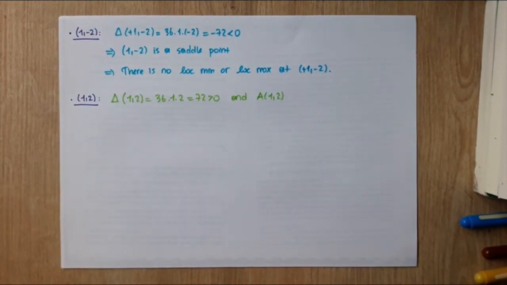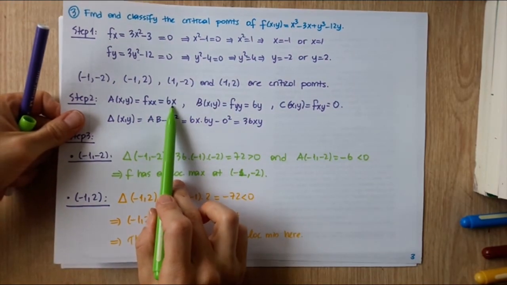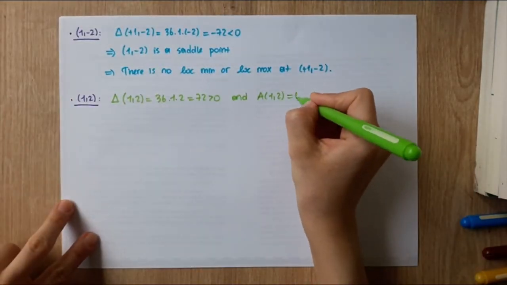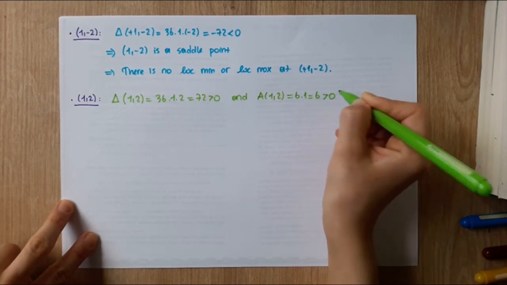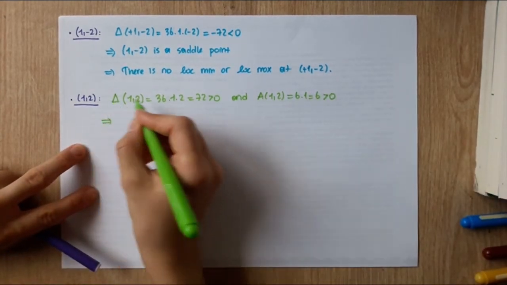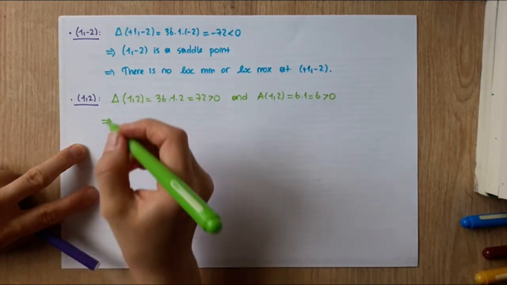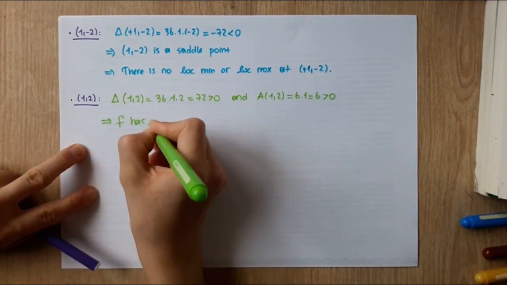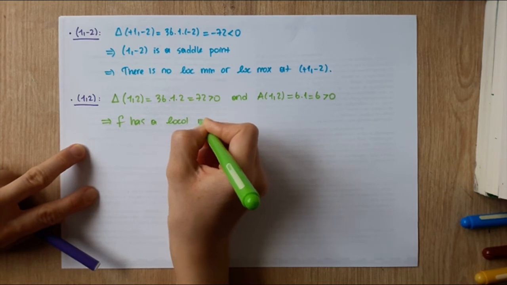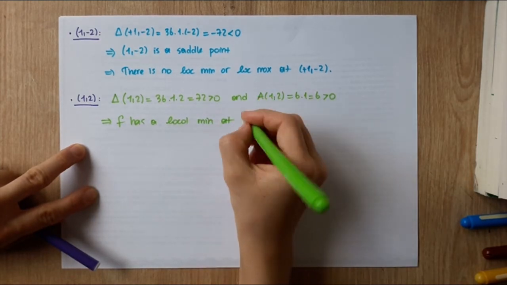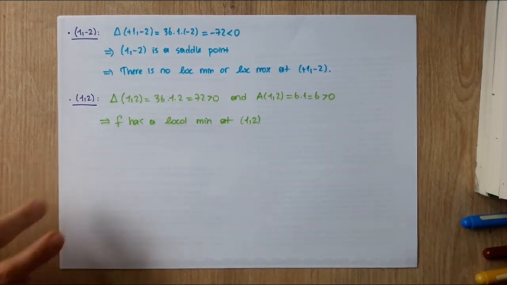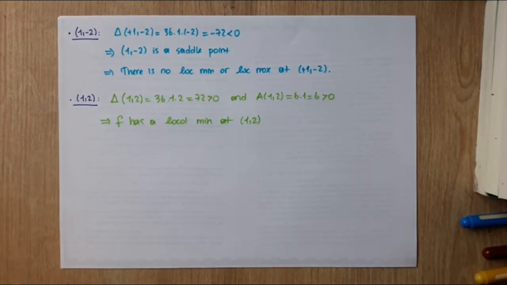We know that the formula of a is 6x, so 6 times 1, which is 6, and it is greater than 0. So because delta is greater than 0 and a is greater than 0, I can conclude that f has a local minimum at 1, 2. So we have one local maximum point, one local minimum point, and two saddle points here.